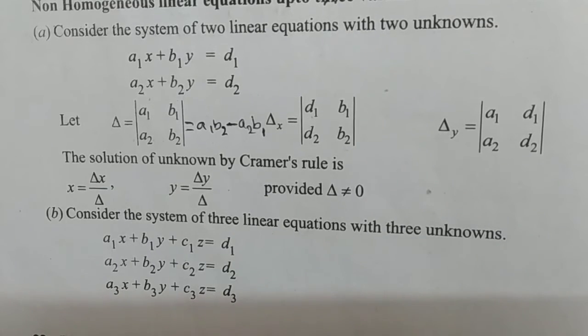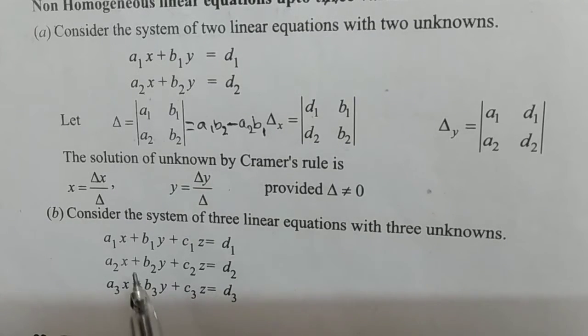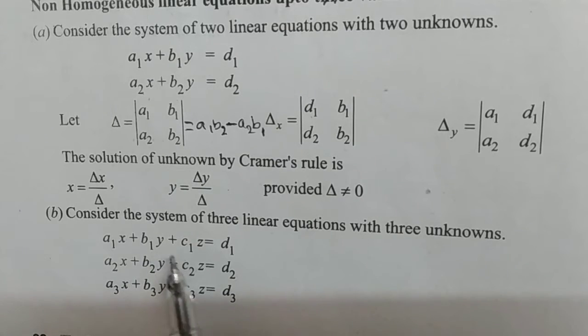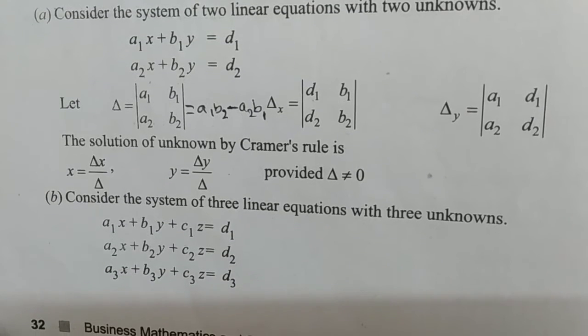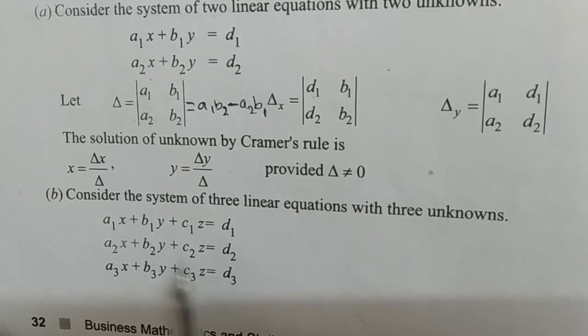See the equations: a1x plus b1y plus c1z equal to d1, a2x plus b2y plus c2z equal to d2, a3x plus b3y plus c3z equal to d3. Here x, y and z are the unknowns and the number of equations is 3. So use Cramer's rule to find the values of x, y and z.